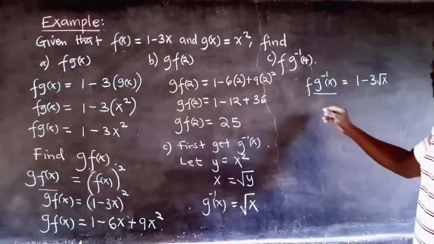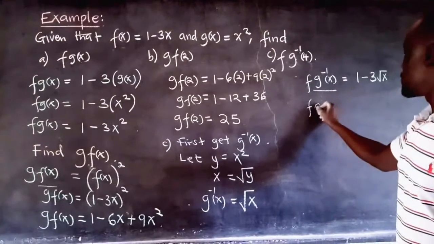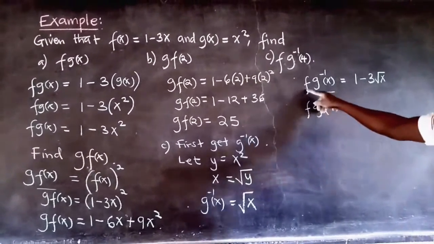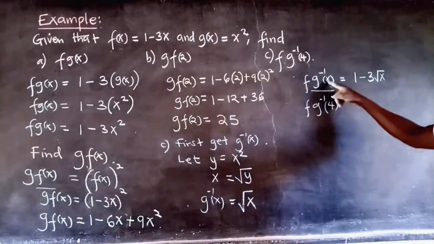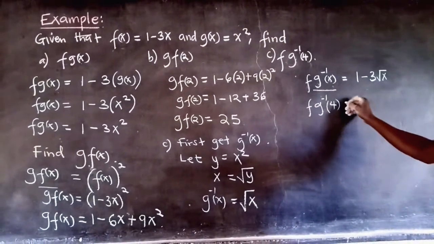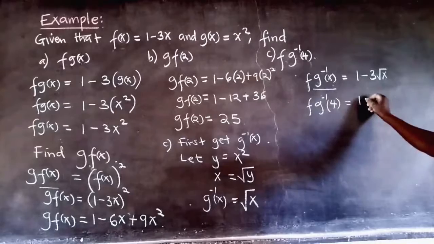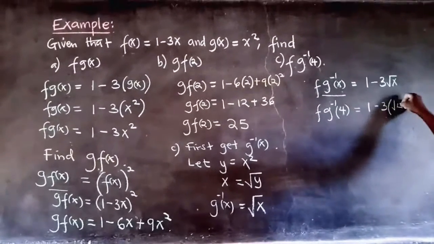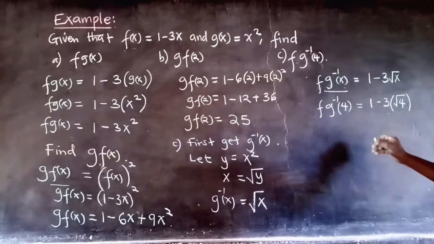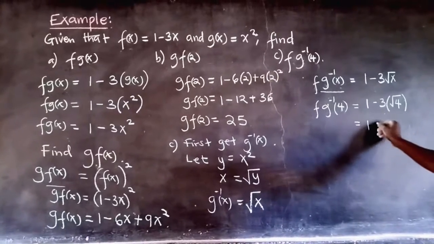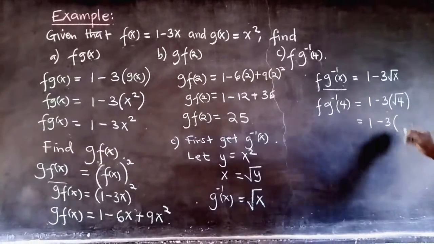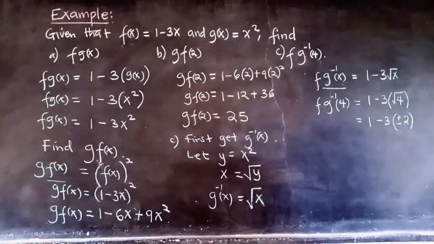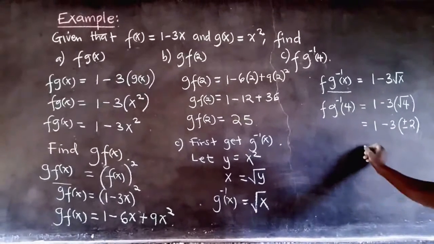With that now, we can now get f g inverse of 4, which means in f g inverse of x, where there is x, put there 4, and that will give us 1 minus 3 into root of 4, and root of 4 is a plus or minus 2. So we shall have two values for this.